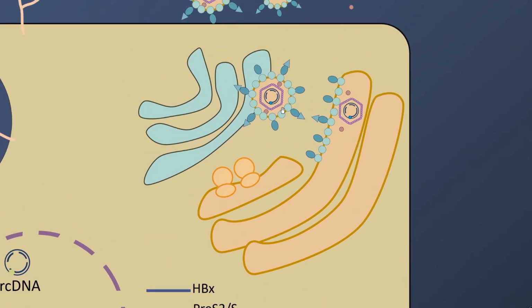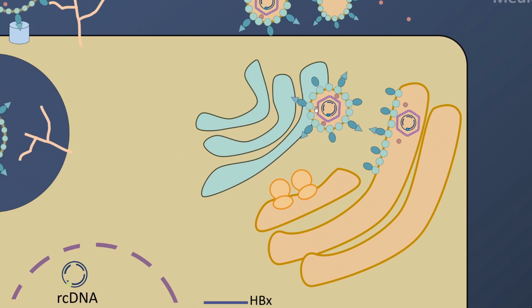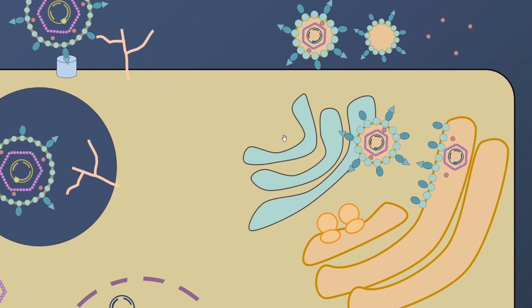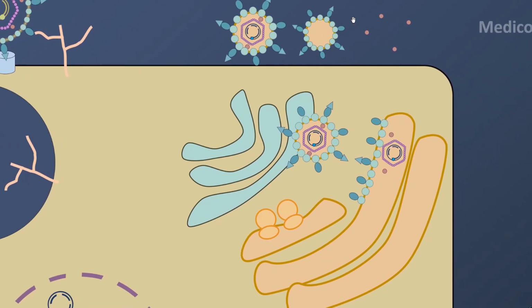Here it pinches outward, and then it goes to Golgi apparatus, and it is exported out through exocytosis. Spherical and longitudinal subviral non-infectious particles are also excreted out, and E antigen is also synthesized and exported out of the cell.